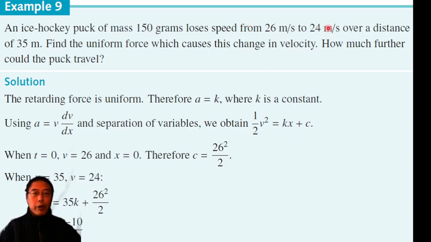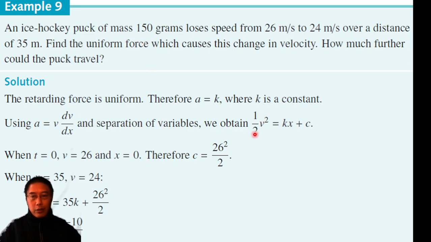You're decelerating from 26 down to 24. Find the uniform force that's causing the change in velocity. Now, the uniform part implies that the force vector is constant, which links back to constant acceleration. You can use the formulas as well, but here they make it a little bit more fancy.